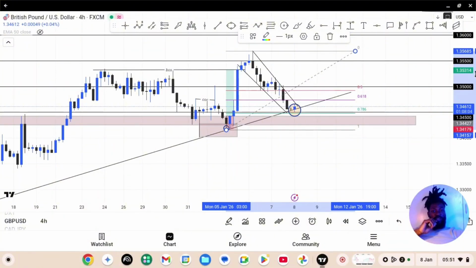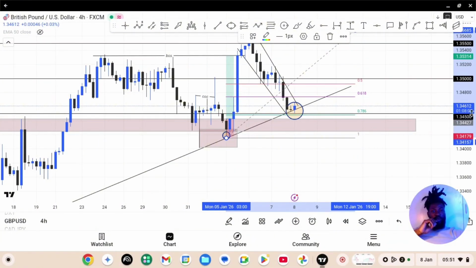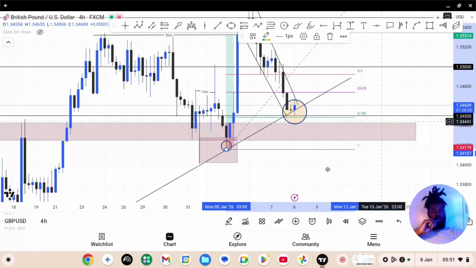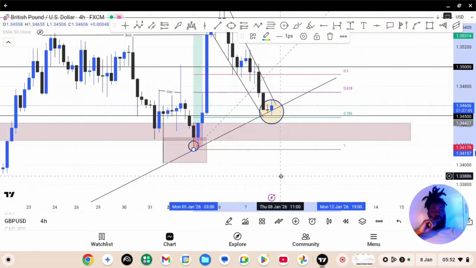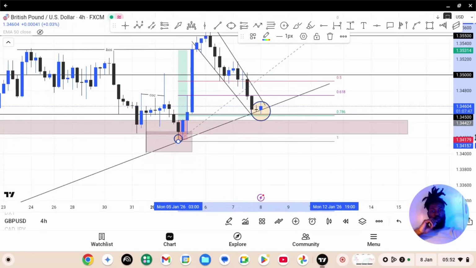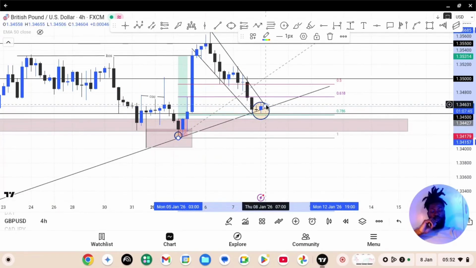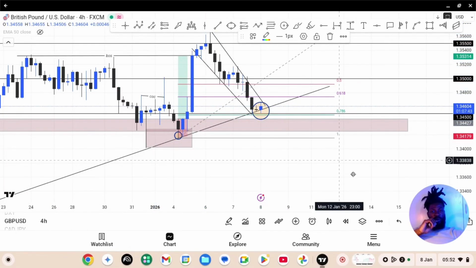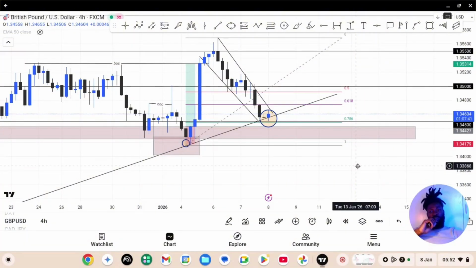Again, we are sitting on a psychological number. Another confluence. I'm only waiting now to see a multiple rejection or a bullish engulfing that confirms me to get in on this trade and buy. So that's just it.